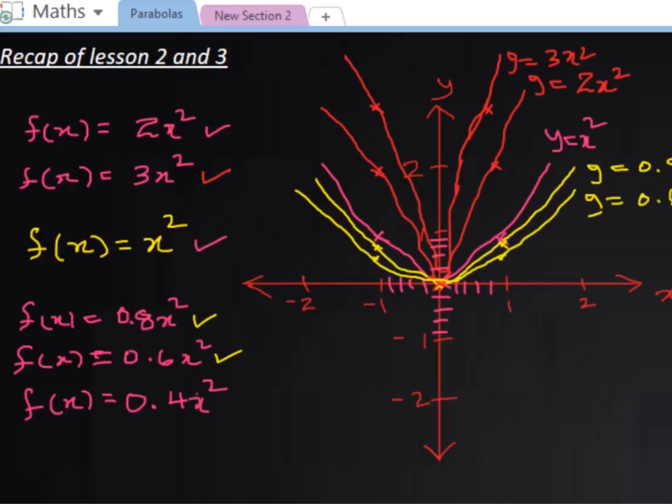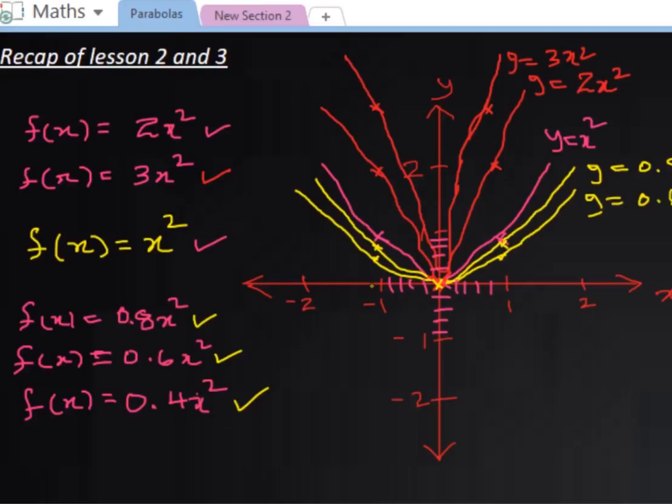0.6 x squared. And finally, let us now plot the parabola with the function f of x equals 0.4 x squared. This parabola will have 3 coordinates.